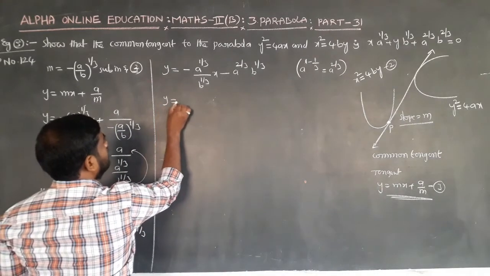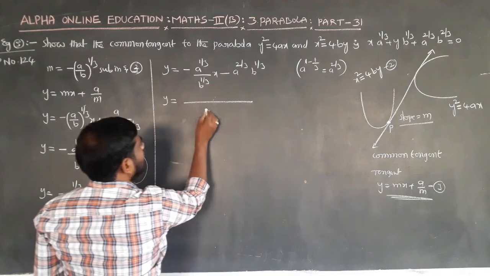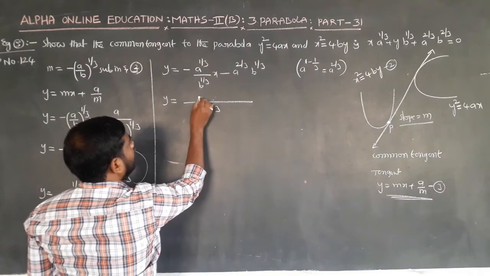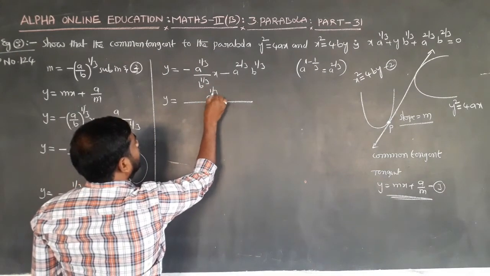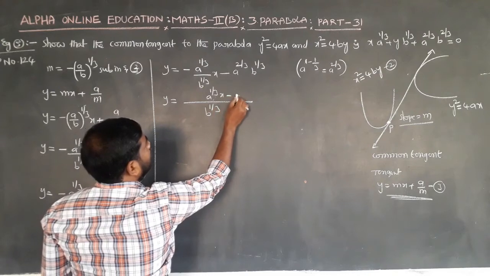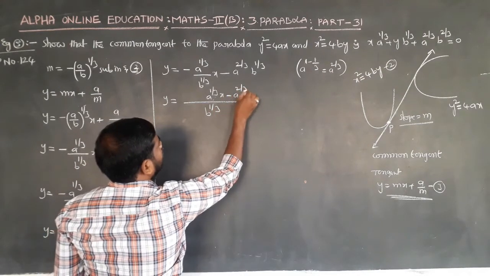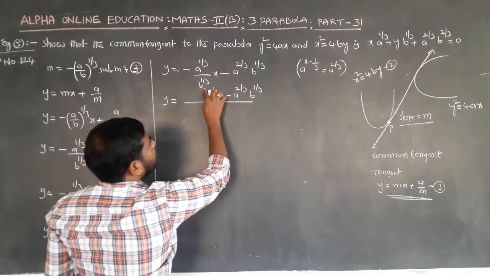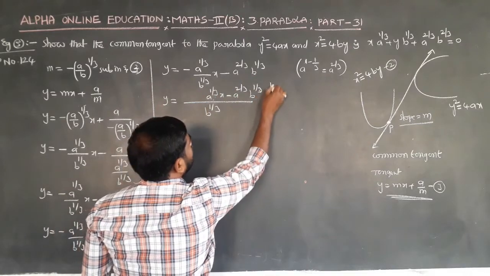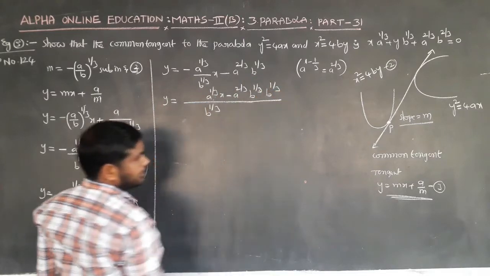y is equal to, here taking LCM, b power 1 by 3. a power 1 by 3 x minus a power 2 by 3 into b power 1 by 3 into b power 1 by 3.